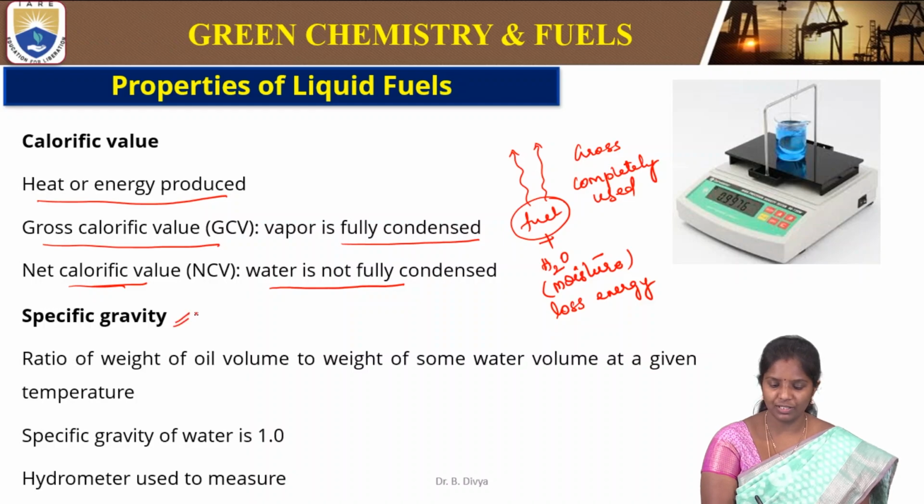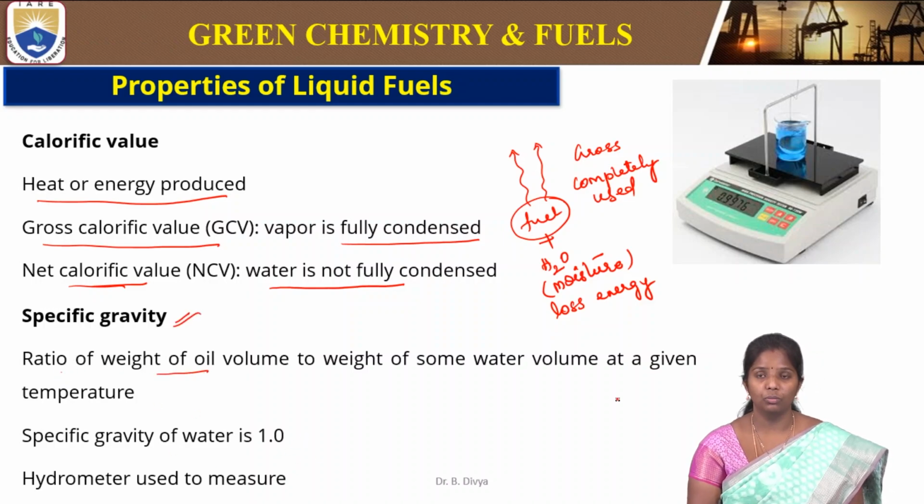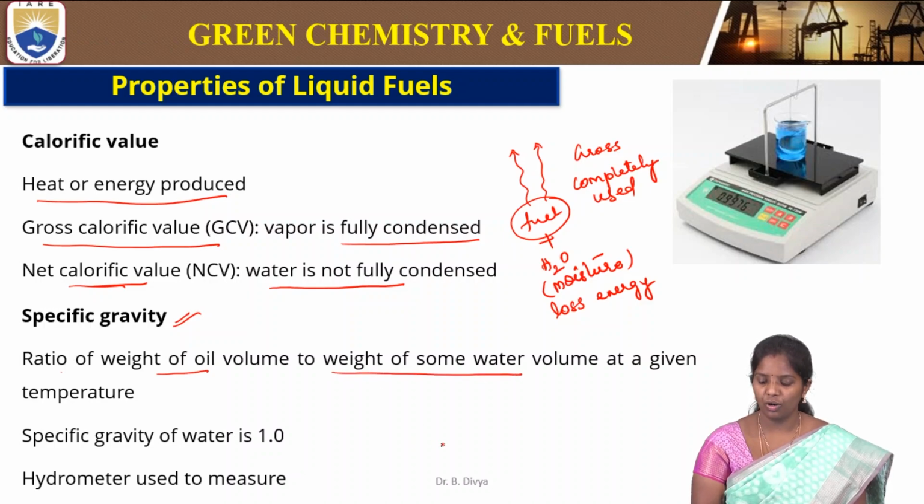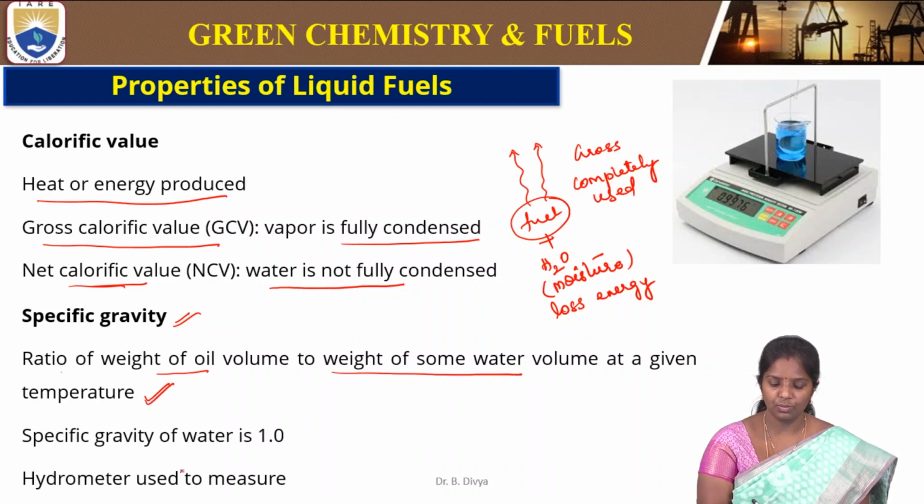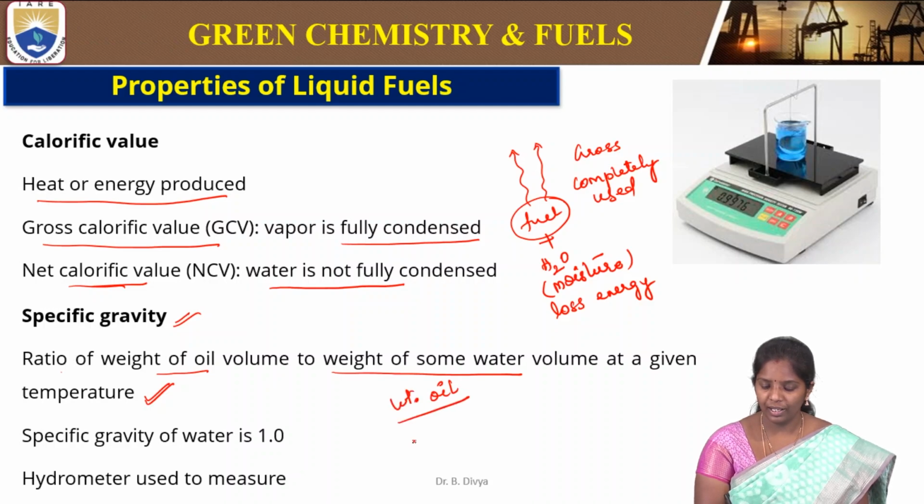So next is the specific gravity. It is a ratio of the weight of an oil volume to the weight of the same water volume at a given temperature. So specific gravity is nothing but the ratio of the weight of oil by the weight of water.